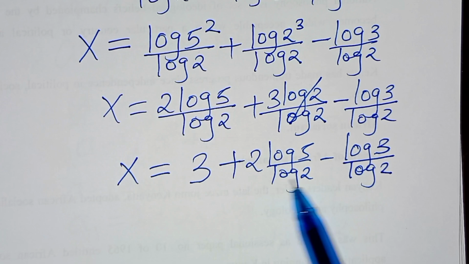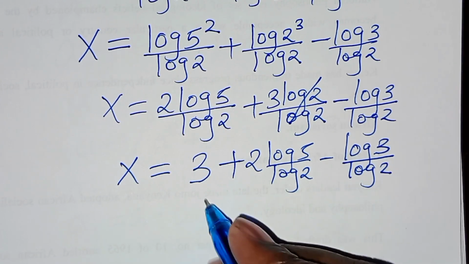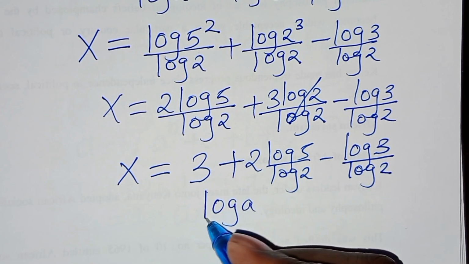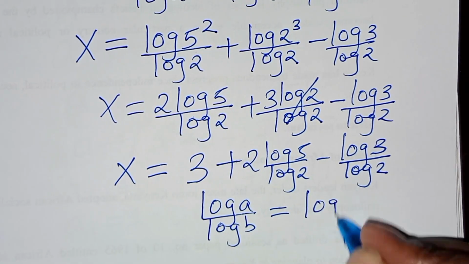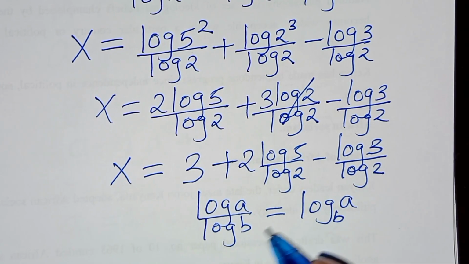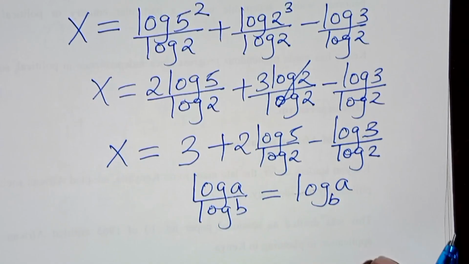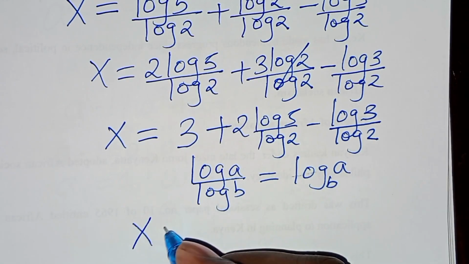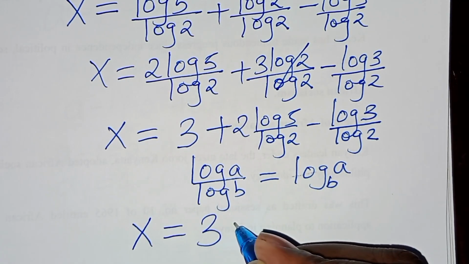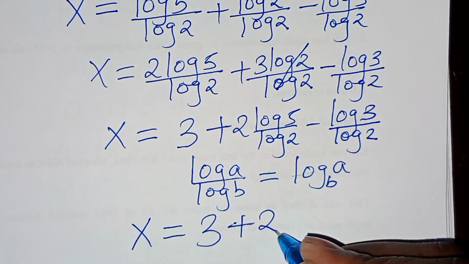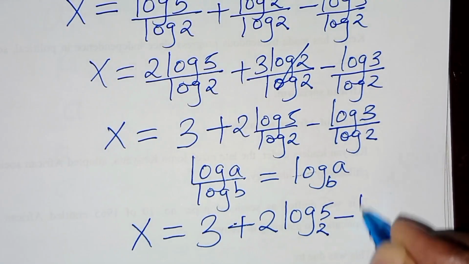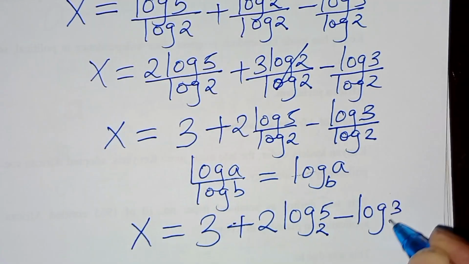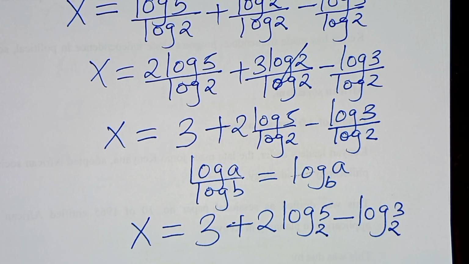So log 5 divided by log 2 and log 3 divided by log 2, this is in the form of log A divided by log B, which we can express as log A to base B. Applying this property, then we'll have x is equal to 3 plus 2 log 5 to base 2, subtract log 3 to base 2. Now this is the value of x.